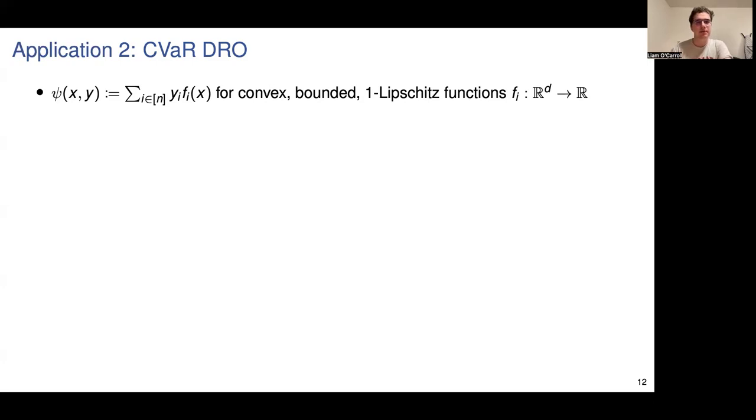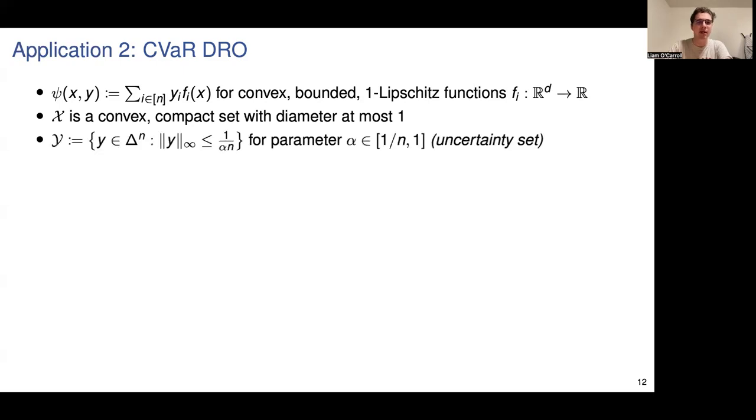And here you're going to have n functions f_i, which are convex, bounded and one-Lipschitz, and the primal constraint set in this application is going to be some convex compact set, and the dual constraint set is given by the probability simplex, except you're going to add this additional constraint on the L infinity norm of the probability distribution. So you're going to have some parameter alpha between 1 over n and 1, which you're going to set in advance, and you're going to enforce that the L infinity norm is at most 1 over alpha n, and this is known as the uncertainty set.